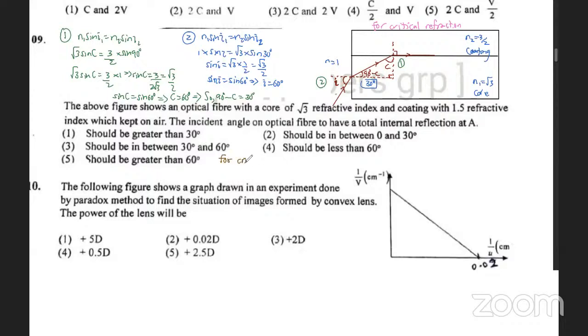A. For total internal reflection to happen at A, what is the condition? Angle of incidence at A should be greater than C. Means angle of incidence at A should be greater than, what is C? 60.